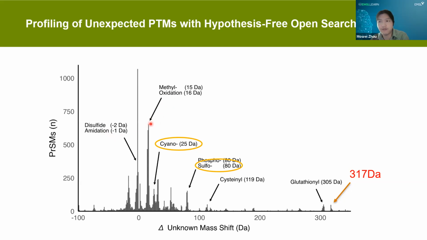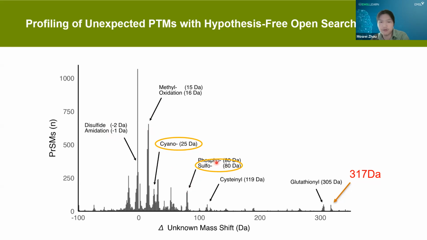Some of them can be from artifacts. We're not discussing that here. I do want to highlight this cyano modification, which means that we have cyanylation on 15N molecules. And we have very good data to confirm that. I'm not going to discuss that in detail here, but we can chat if anyone is interested. And we also see some 80 Dalton mass shift.